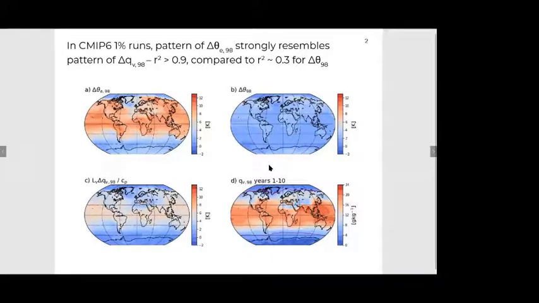In panel D, I'm showing the baseline specific humidity conditional on these extreme theta E events, which I'm just taking as the average from years 1 to 10. And this is also fairly well correlated with the change in theta E 98. The R-squared value here is about maybe 0.55, I think.